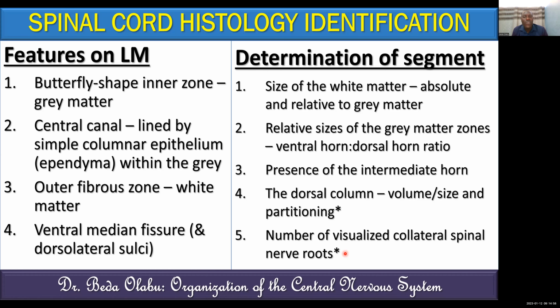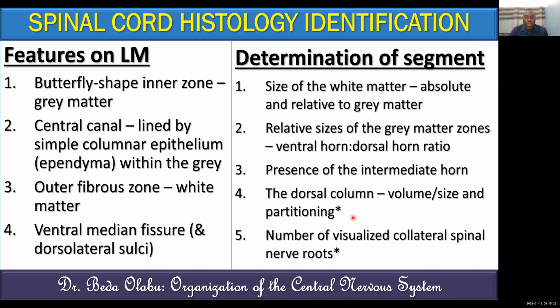But if we see few, it may not tell you much, because of two reasons. When we section the spinal cord, we do not necessarily retain the collaterals. Sometimes a spinal cord section may have been obtained and the collaterals were removed.